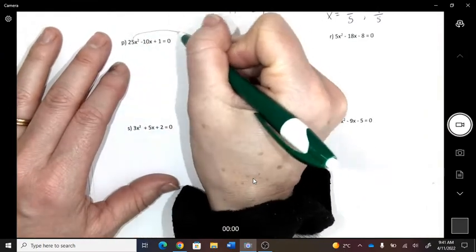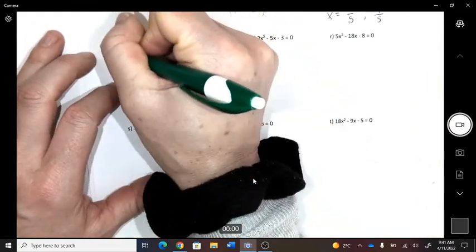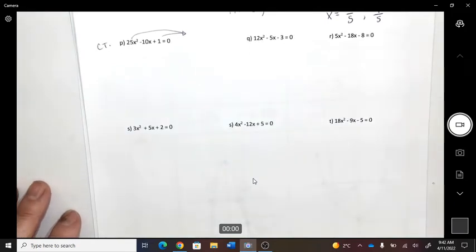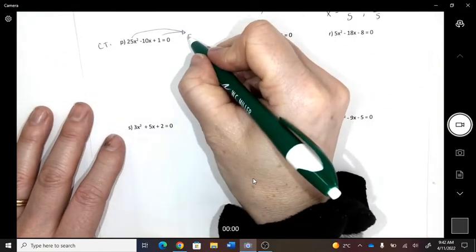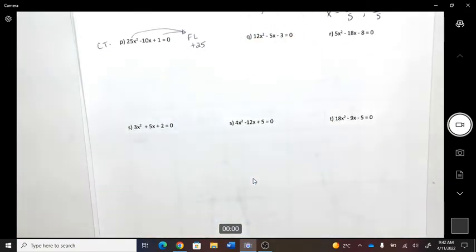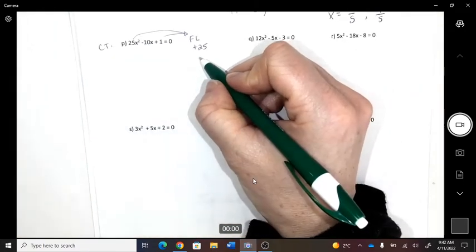Okay, so do you see why they're complex trinomials? Because they have a something x squared, and then they have the 3 parts. Okay, so FLA is +25. How do I make a 25?